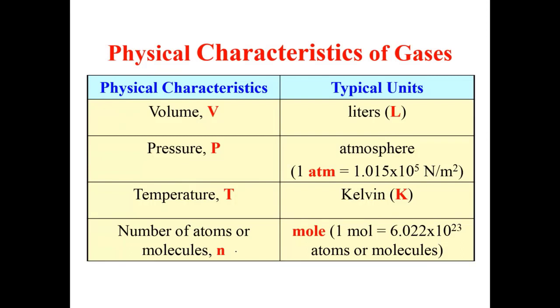We always use absolute temperature when it comes to the gas laws, because only the absolute temperature scale can allow us to compare with the other features. And you'll see more about that when we actually get into the gas laws themselves.